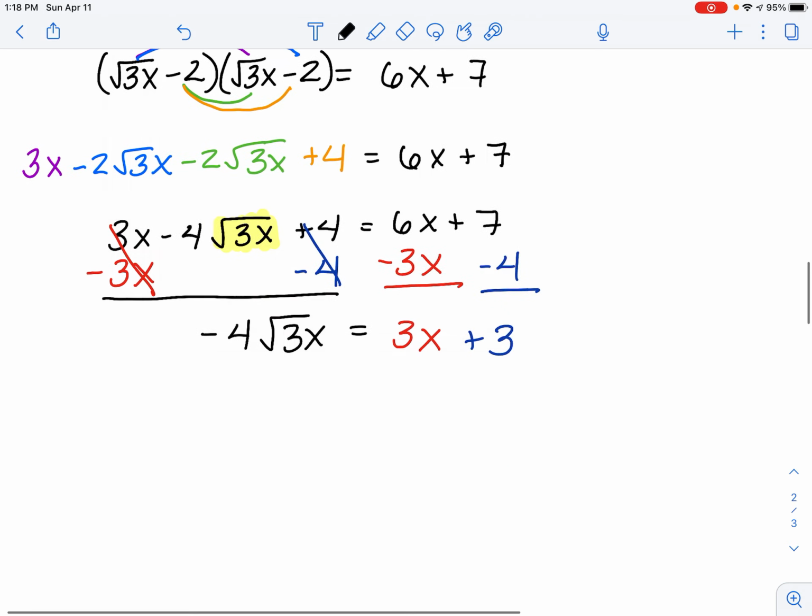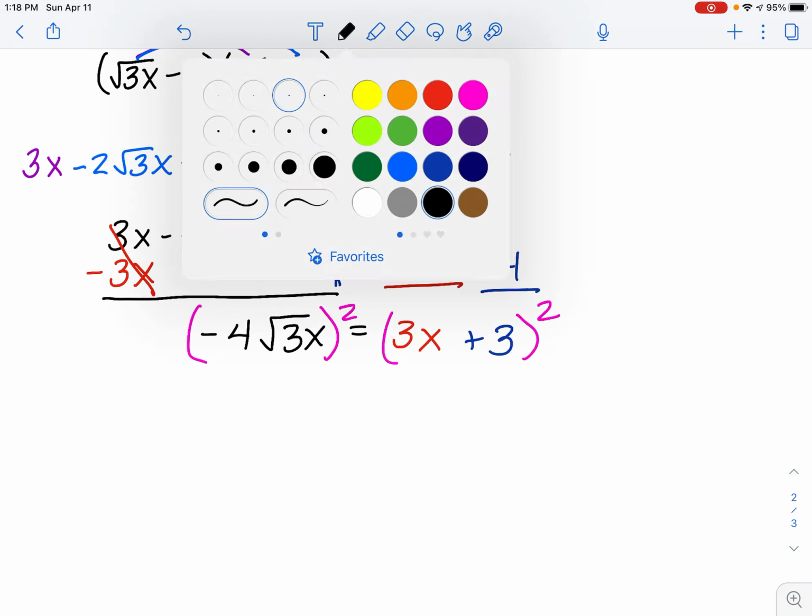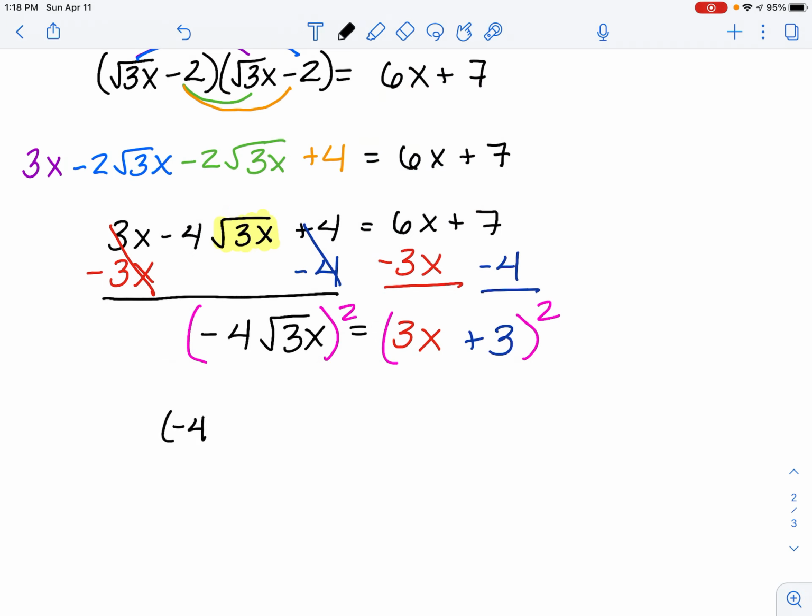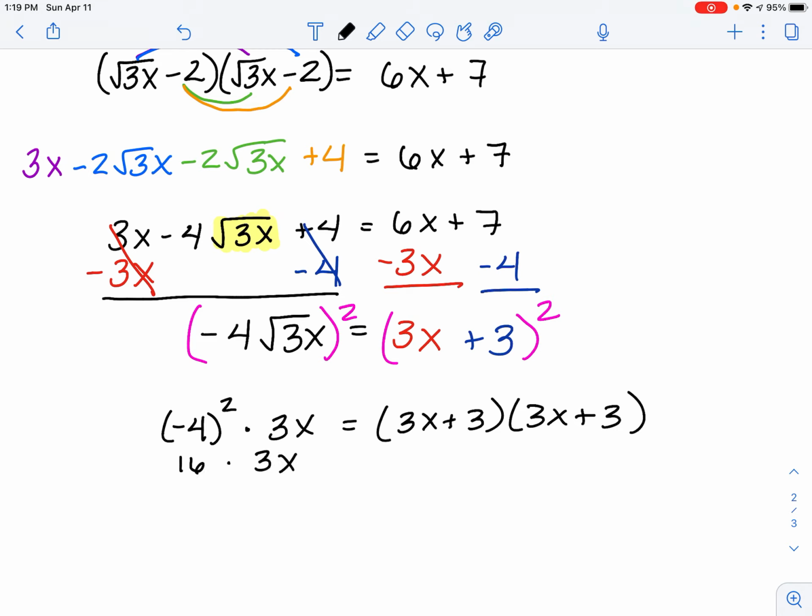Okay, so now I'm going to square both sides as is, because I don't want to deal with fractions. Over here, I'm going to do negative 4 squared, and then the square root of 3x all squared is just going to give me 3x. And then I'm going to write this out twice. Negative 4 squared is 16. 16 times 3x is going to give me 48x.